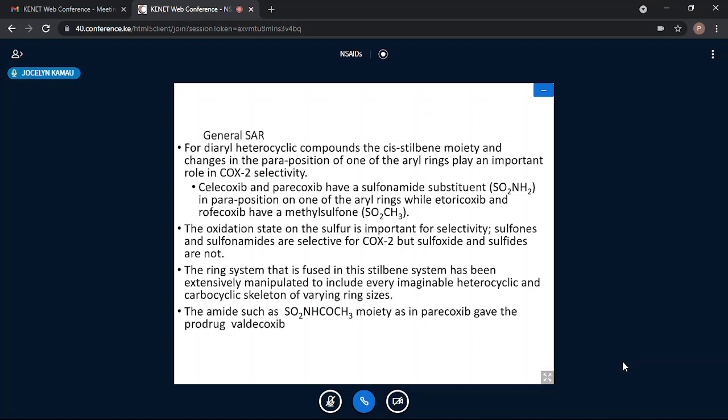And that is how the COX-2 selective inhibitors were developed, by looking at the structure of the inducible COX-2, noting the differences between COX-2 and COX-1, and synthesizing a drug that goes for that pocket, and therefore selectivity. So that is, I think, where we had gone to, and we were looking at the structure.